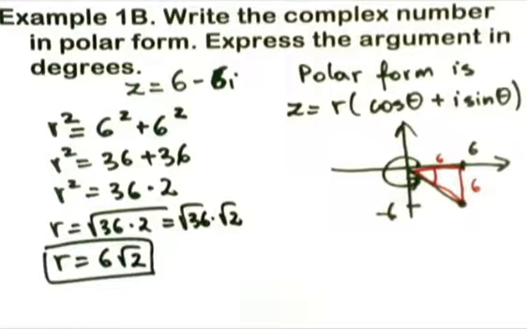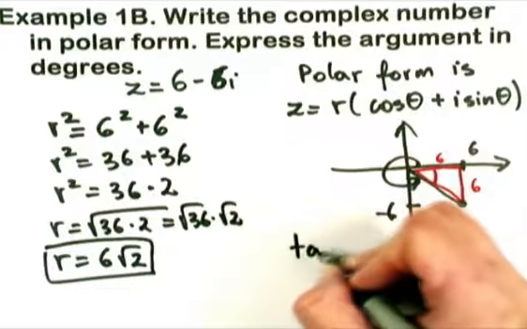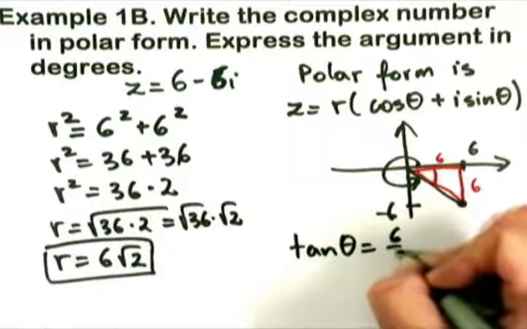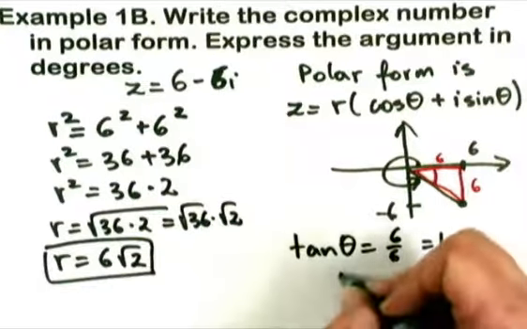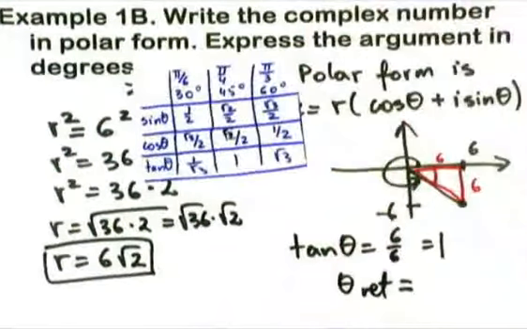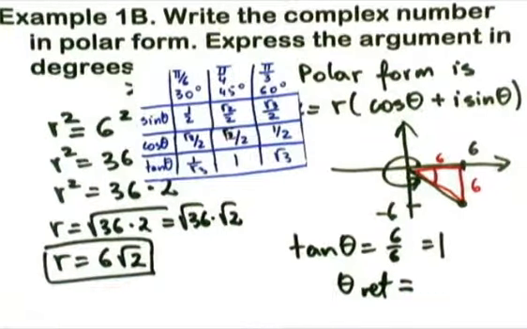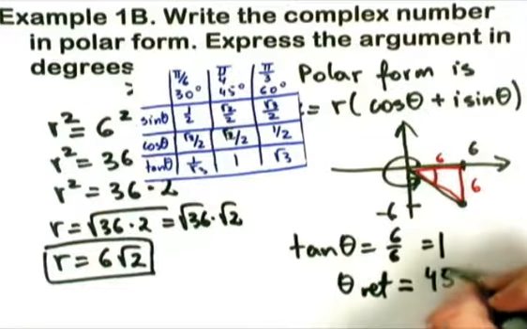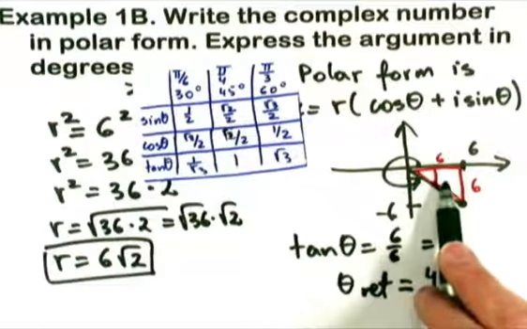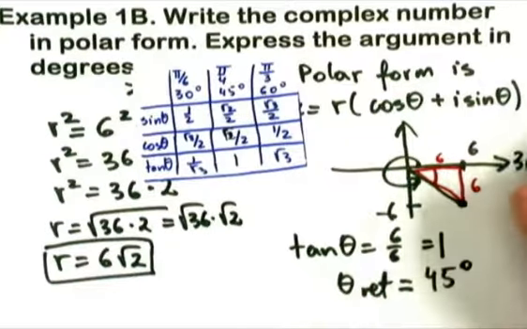Now my theta reference, regarding this triangle, is opposite over adjacent, so tangent is 6 over 6, which is 1. We need to get this from the chart. My chart says that tangent is 1 for pi over 4, or in degrees 45 degrees. But this is my reference angle, so my whole angle is 360, a full rotation, less 45 degrees.